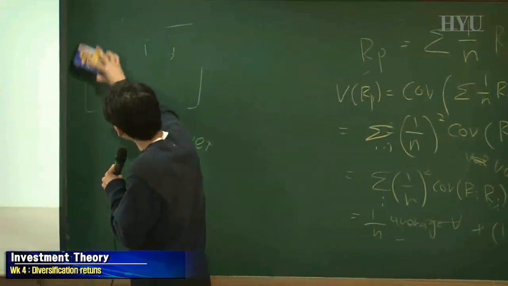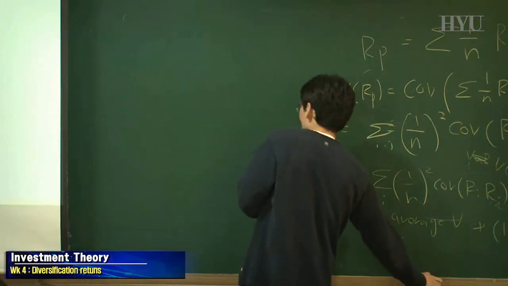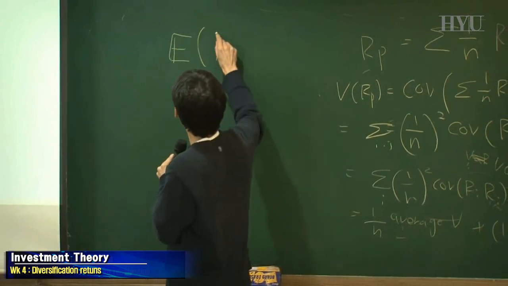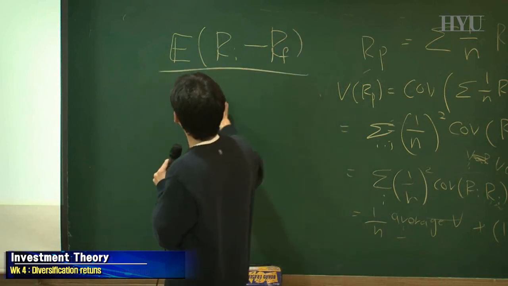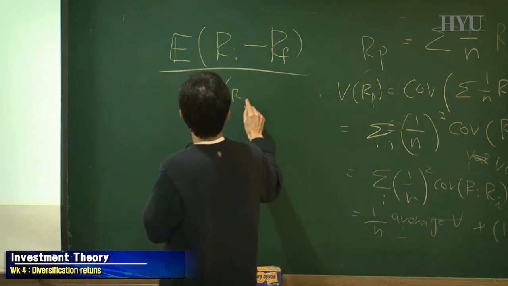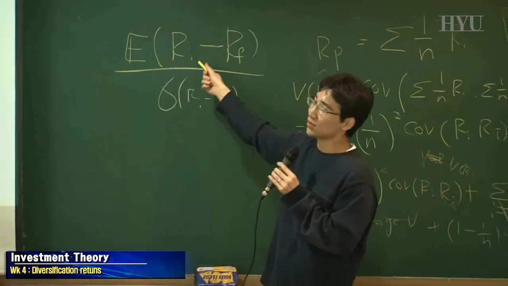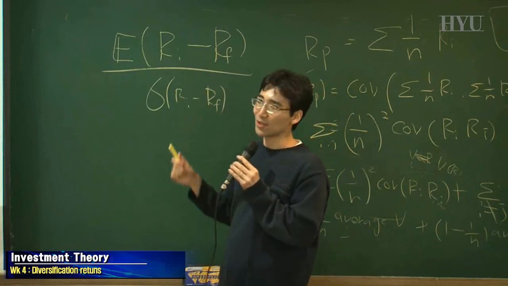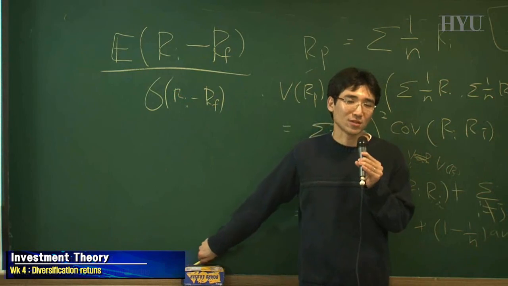The Sharpe ratio of an asset is the ratio between the excess return of an asset divided by the standard deviation of this excess return.